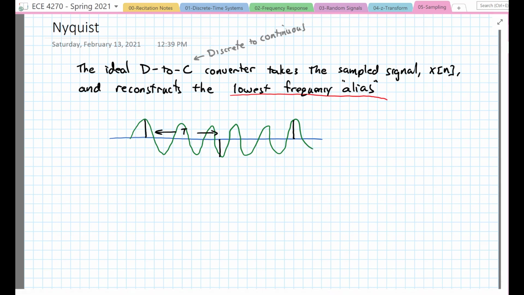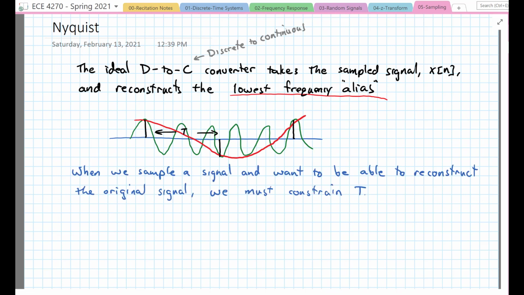That one. That one. And so on and so forth. You can imagine any number that might go there. So, when we sample a signal, we want to be able to reconstruct the original signal. So we must constrain our sampling period in such a way as to make this happen.